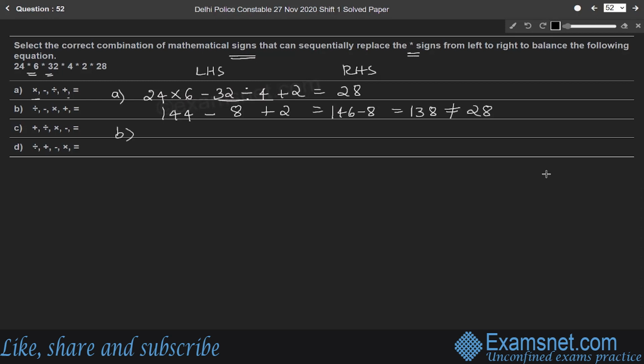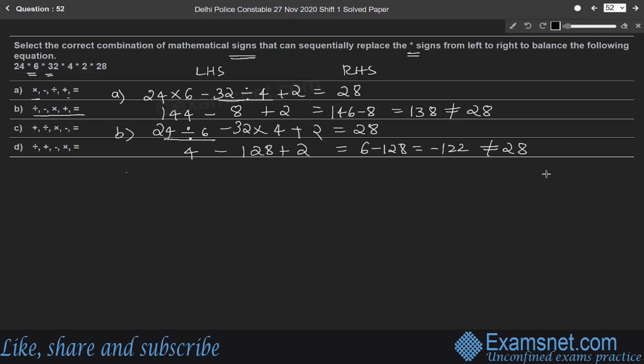So option B, 24 divided by 6 minus 32 into 4 plus 2 is equal to 28. 24 by 6 is 4 minus 32 into 4 is 128 plus 2 is 6 minus 128, which is minus 122, not equal to RHS, 28.